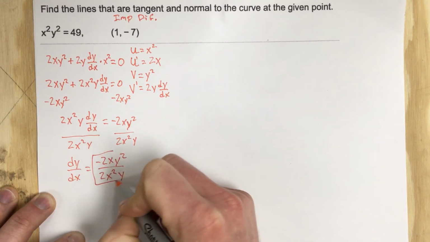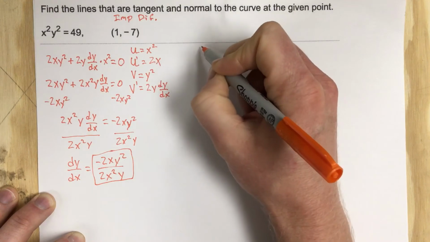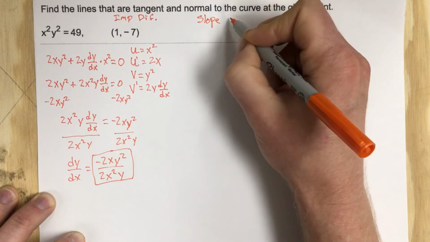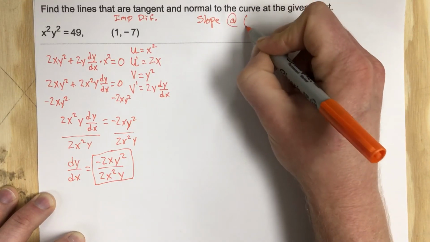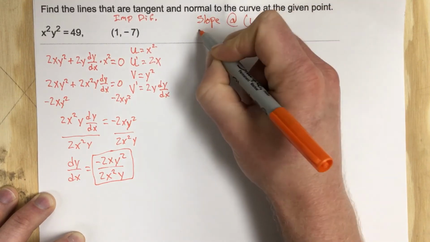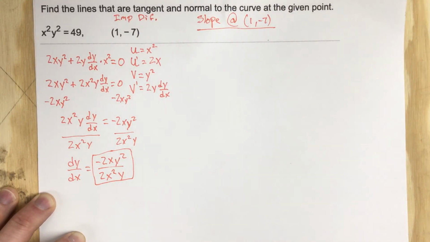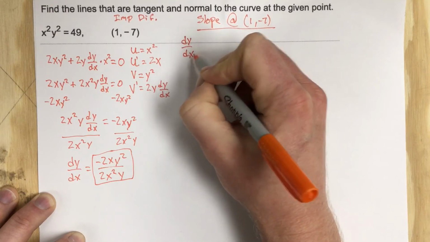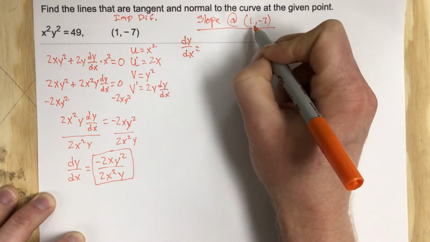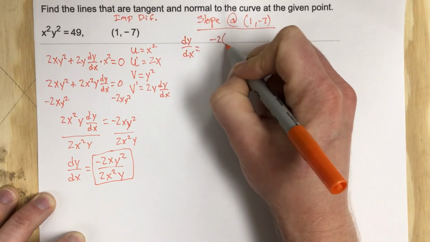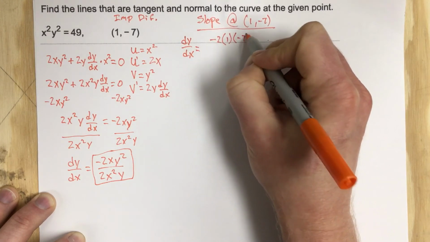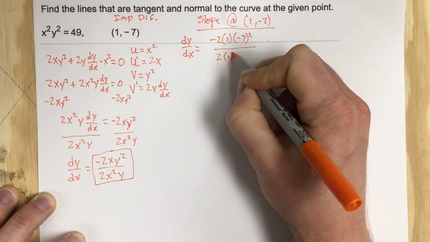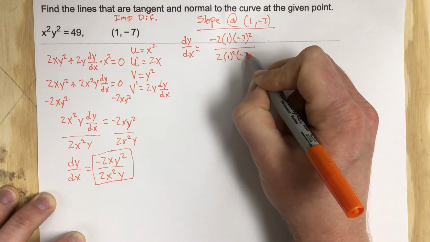This is the derivative. So now we want to know the slope. Let's go slope at 1, negative 7. So if we want to know the slope at 1, negative 7, we're going to go dy over dx equals, we're going to plug in this 1, negative 7, so it's negative 2 times 1 times negative 7 squared over 2 times 1 squared times negative 7.